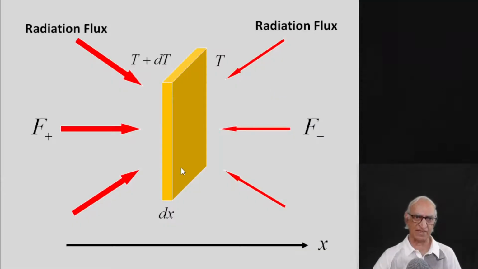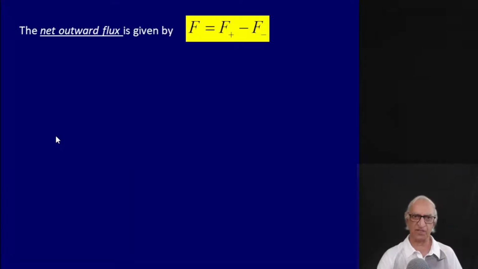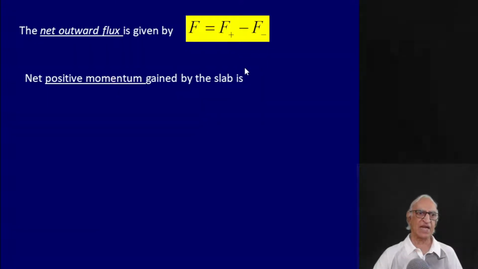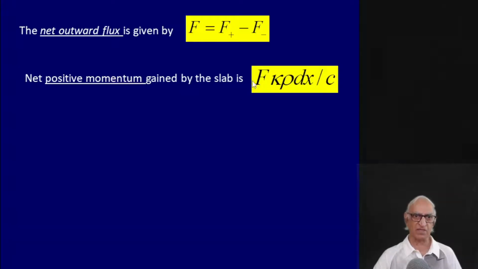So the net outward flux going in the positive x direction or the positive r direction, which is towards the surface of the star, is the difference between F plus and F minus. Now, the net positive momentum gained by the slab will be, as we discussed before, F times kappa rho dx divided by c, where F is now the net outward flux.